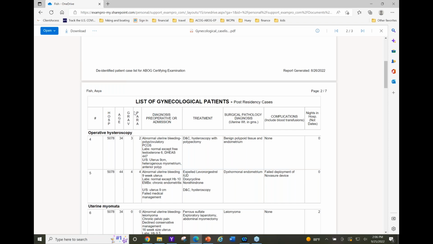I think we sent her to MFM for an ultrasound, and I don't think they were able to find the IUD at the time of her pregnancy ultrasound. I don't think I could see the IUD on ultrasound either.